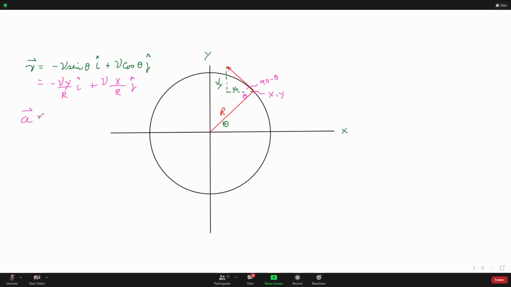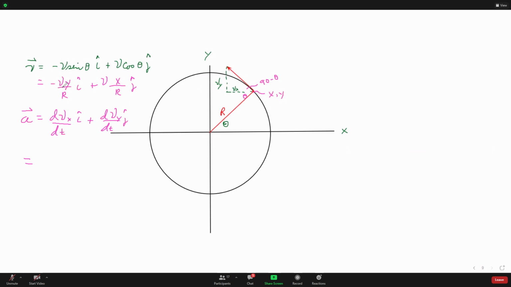A is equal to dvx dt times i plus dvy dt times j, and that is equal to, now look at this term right here. We want to differentiate this term with respect to t.